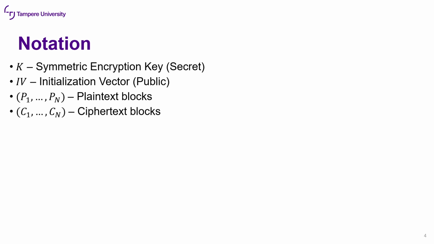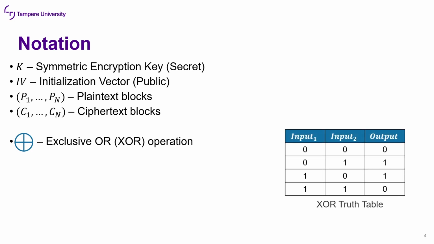The encryption circuit will produce ciphertext blocks, which will be denoted as C1 up to Cn. Then, for some operations, we'll need the exclusive OR, XOR, operation. To put it shortly, here we provide the truth table of how an exclusive OR operation works, to give you a small reminder of what it does.